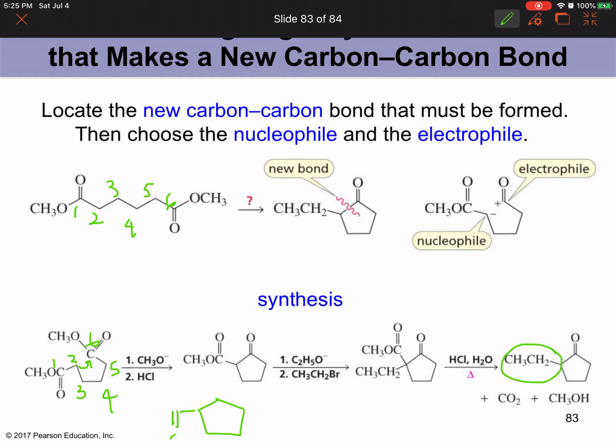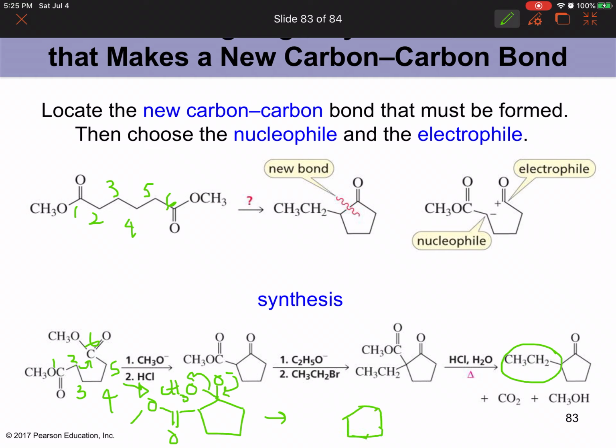From here you have CO2Me, and here you have O minus, OCH3, and then you lose this methoxy group, so you will get this part.